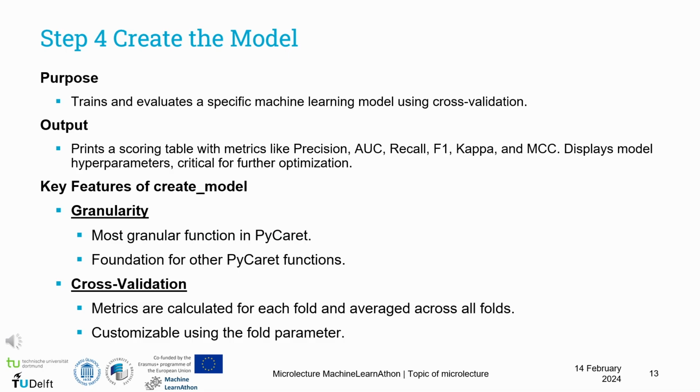An important advantage of this function is that it also displays the model's hyperparameters, which are critical when preparing for tuning, ensembling, or deployment. Unlike compare models, which only exposes the settings of the best model, create model provides full control and visibility for any model you choose to build.